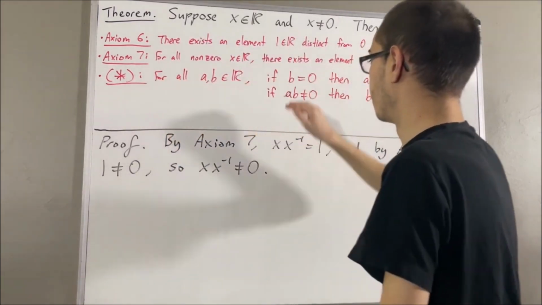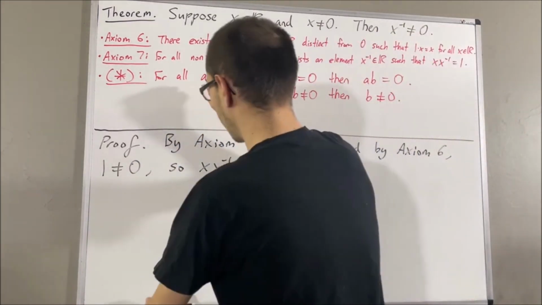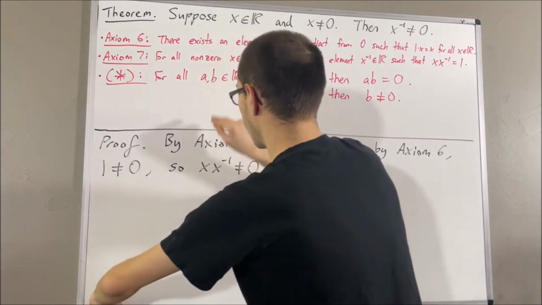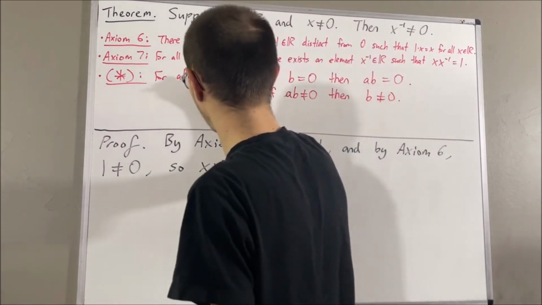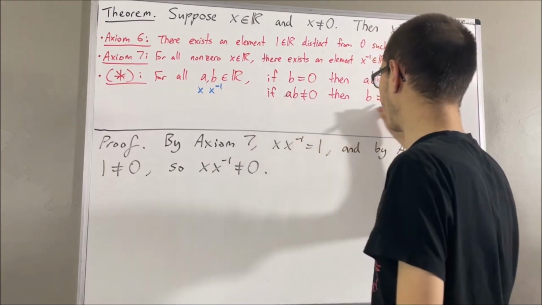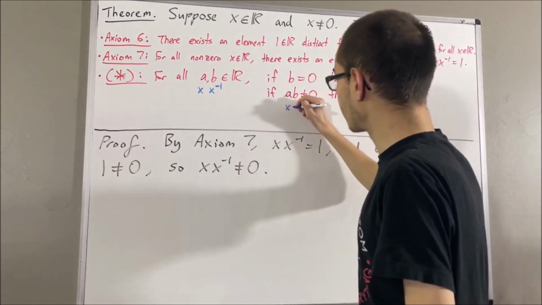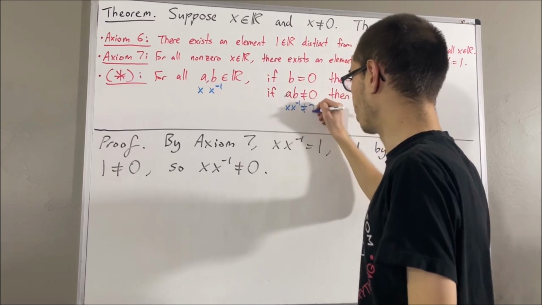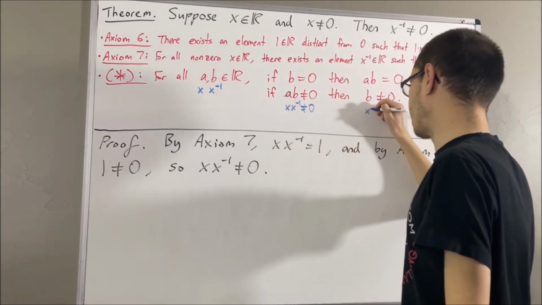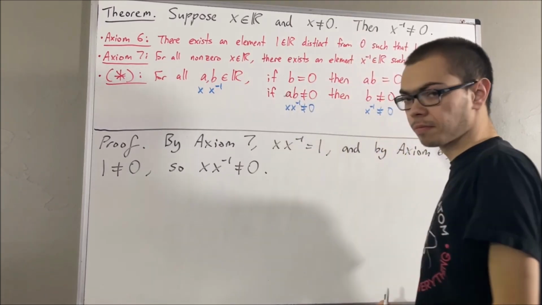And then, by this statement, if we take a to be x and b to be the reciprocal of x, then according to this statement, if x times the reciprocal of x is not equal to 0, then the reciprocal of x is not equal to 0.